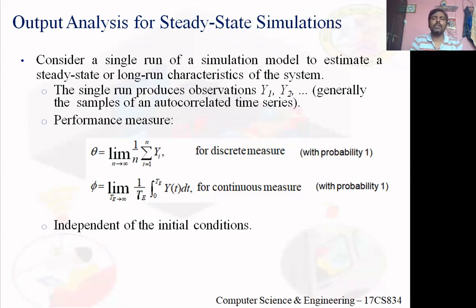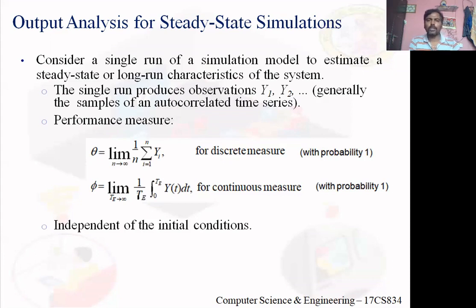In a manufacturing system, there are some parts, right? For the entire month, some parts are being generated by a manufacturing company. So what may be the average cycle time for producing each part?